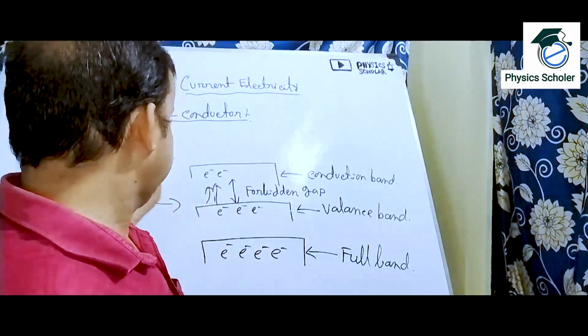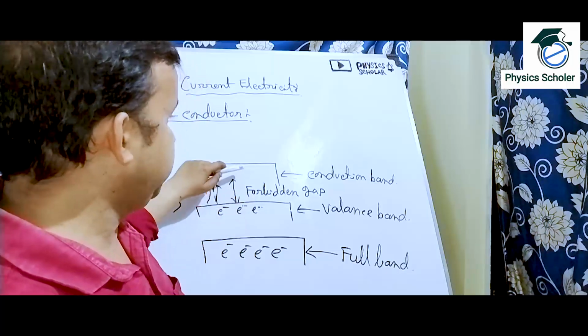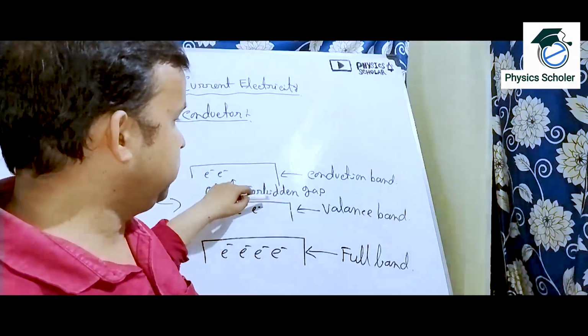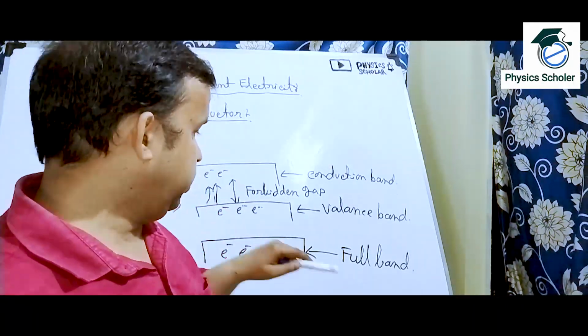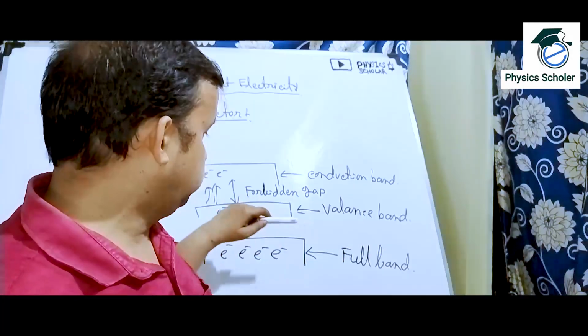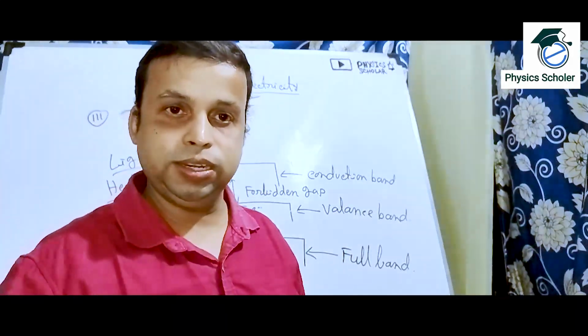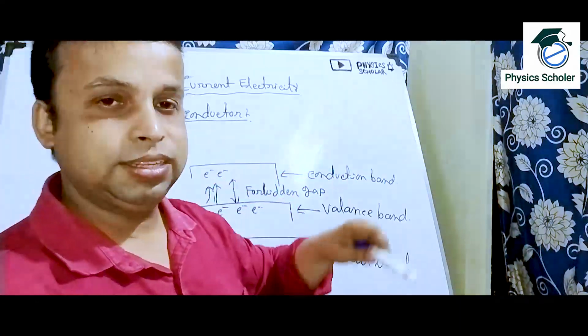So after supplying some energy, some electrons can be shifted from valence band to conduction band for a semiconductor, as the forbidden gap or energy difference between the two bands is not huge. Those electrons can carry current through it. Clear? So this is known as the semiconductor.